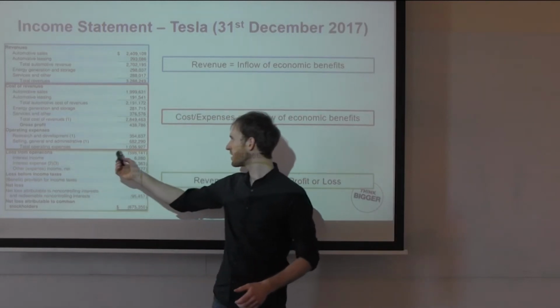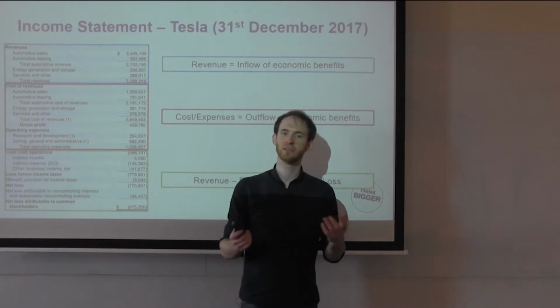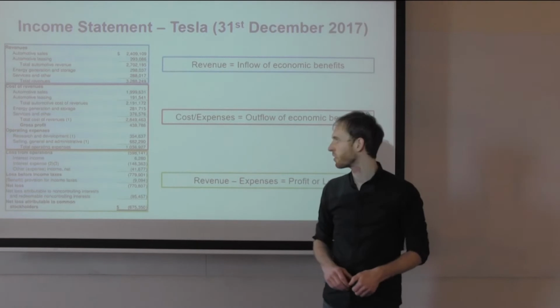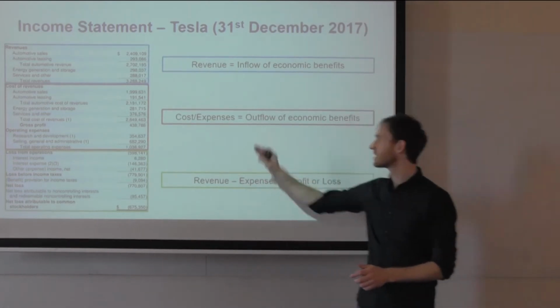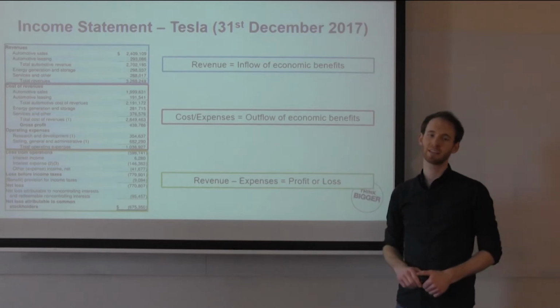So of course you see here it's a loss rather than a profit, but usually then it's just called operating profit, net profit, and so on. And that basically is everything that is important from the income statement of Tesla.